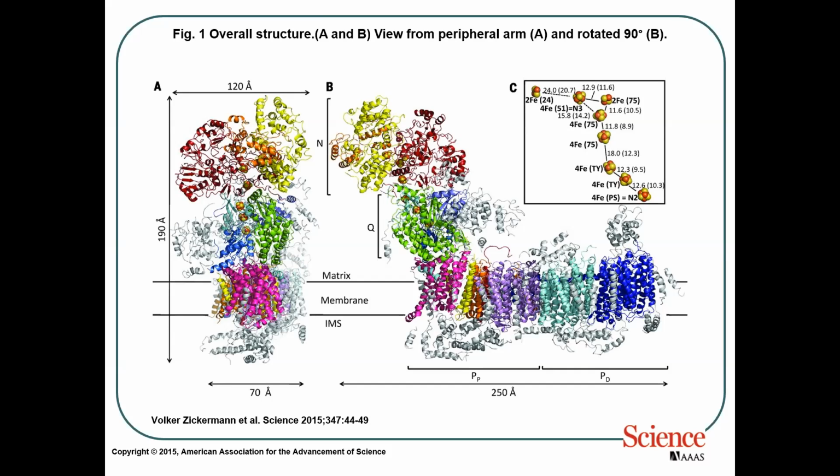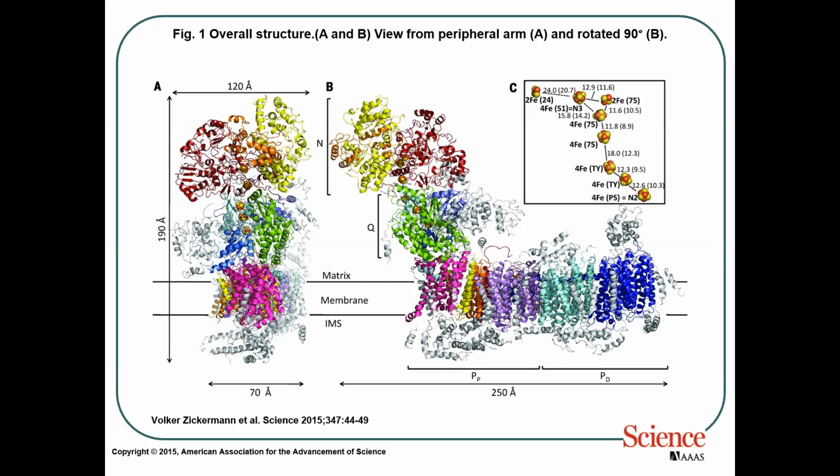Something like that. And no, 2015. So this is from Ulrich Brandt's lab. Ulrich Brandt is one of the gurus of macromolecular complexes. He's in Frankfurt. He does a lot of biophysics on complexes.